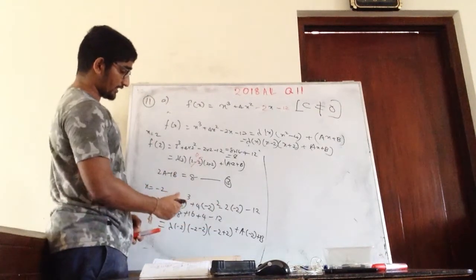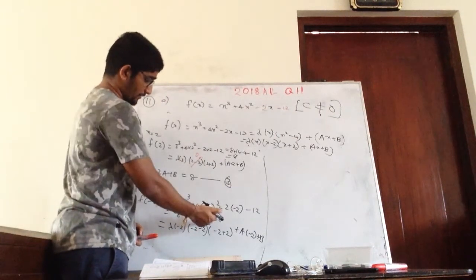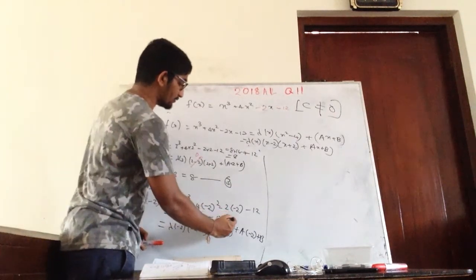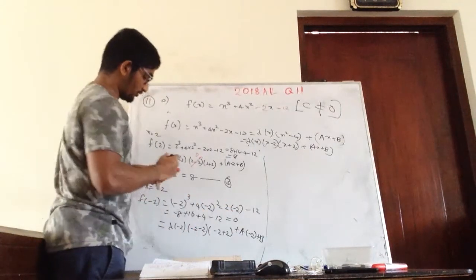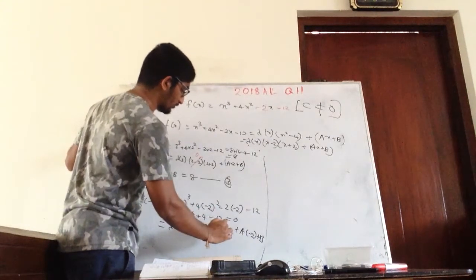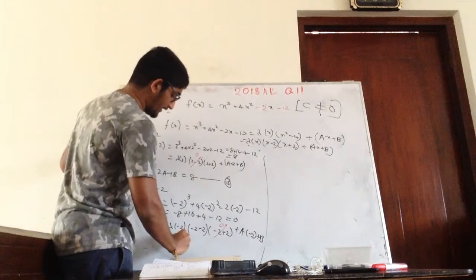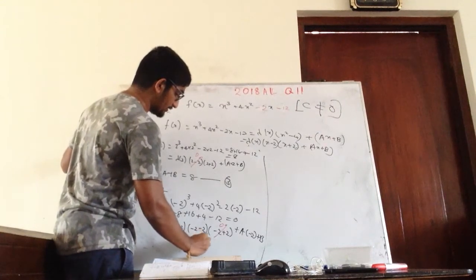So I will get 0. This lambda part will also go to 0. So I will get minus 2a plus b equals 0.